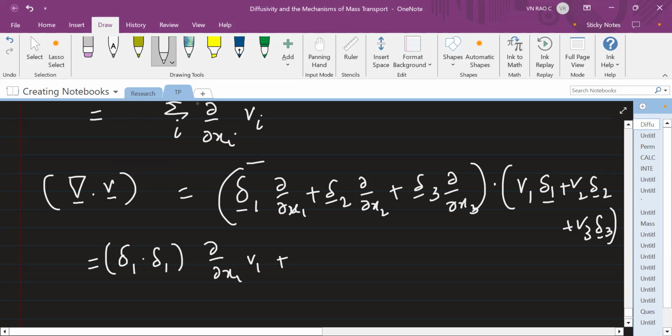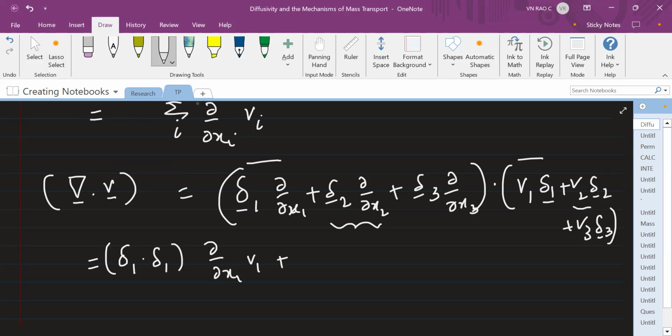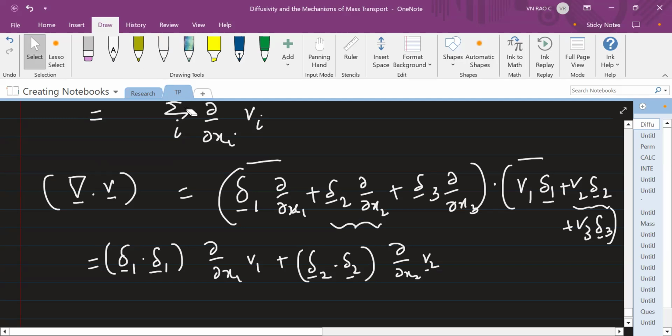That means this quantity with this quantity. Now the second quantity with the second quantity. What will happen to that? Delta 2 dot delta 2 becomes dou by dou x2 v2. Now v2 is a scalar.